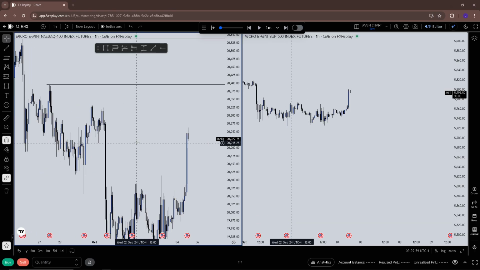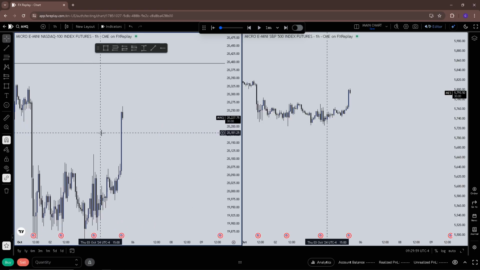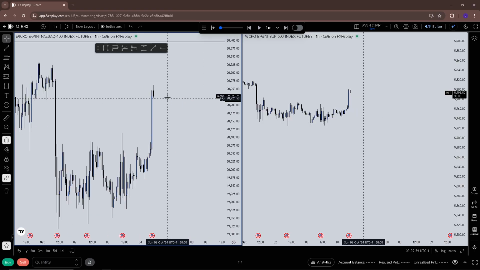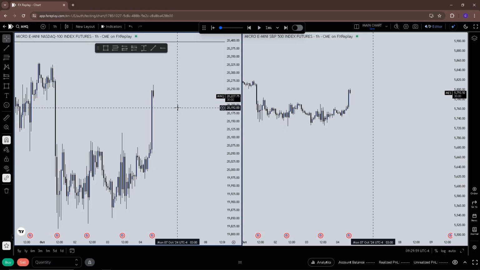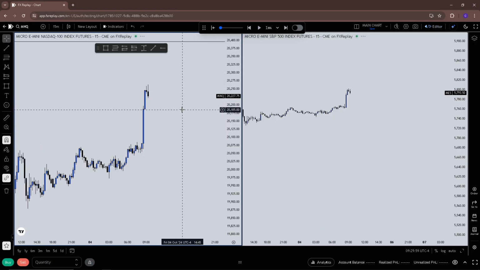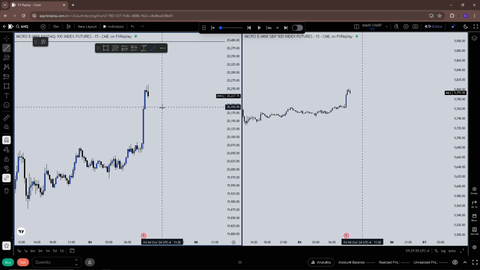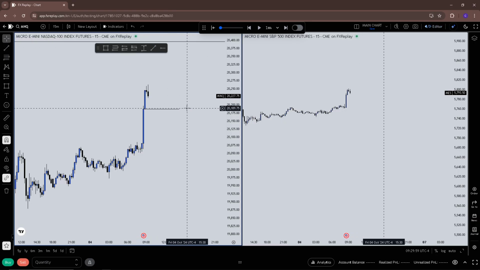Still inside of this hourly. Respecting the hourly. We have an unfilled 15-minute below.